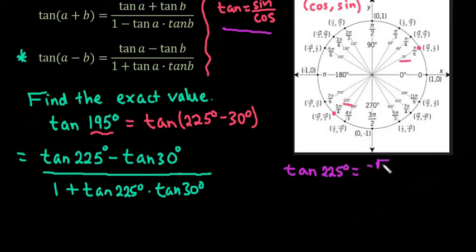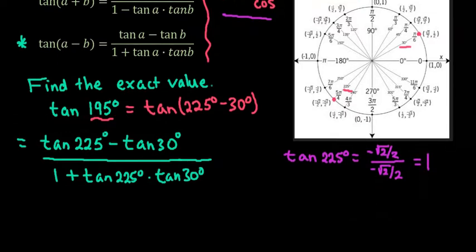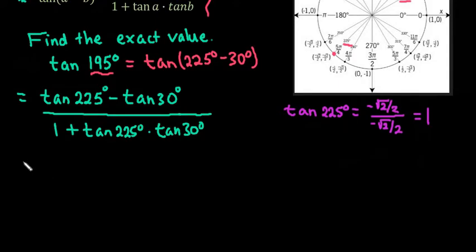So we would take this y coordinate on the top and the x coordinate on the bottom. In this case, they're the same, so I just end up with 1. So in my equation, I'm going to replace the tangent of 225 with 1. The other values, I still would write the 1 plus, and the subtraction I would keep the same.